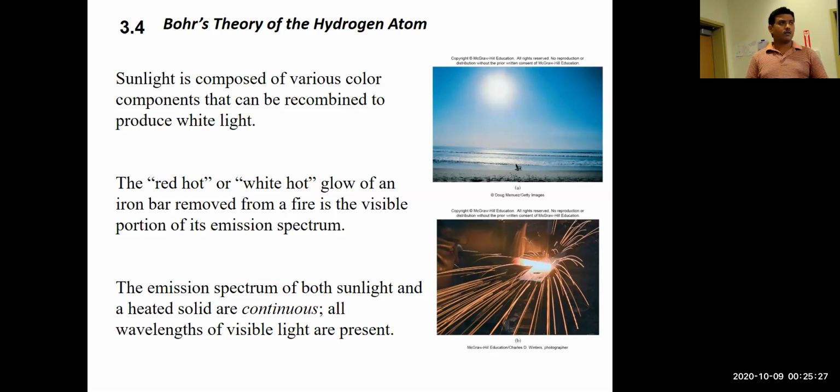So we already know that sunlight is composed of various color components that can be recombined to produce white color, right? Just like if you take a hot iron metal out of a fire pit, and just how it glows with its high energy, because it's absorbing all the energy from the fire, and it is radiating now. So it absorbs and it is emitting.